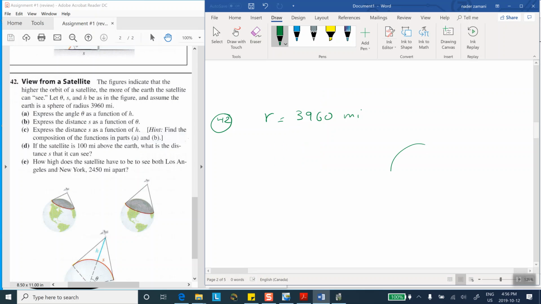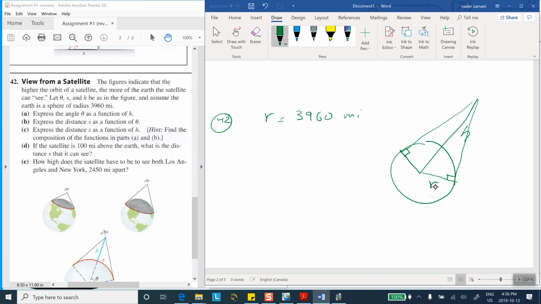Okay, here's the Earth. There is the satellite up there. The altitude is h right there. This is the altitude. Now, there's the radius of the Earth. This is the area that it covers. This is a 90-degree angle because that ray is tangent to the Earth's surface.